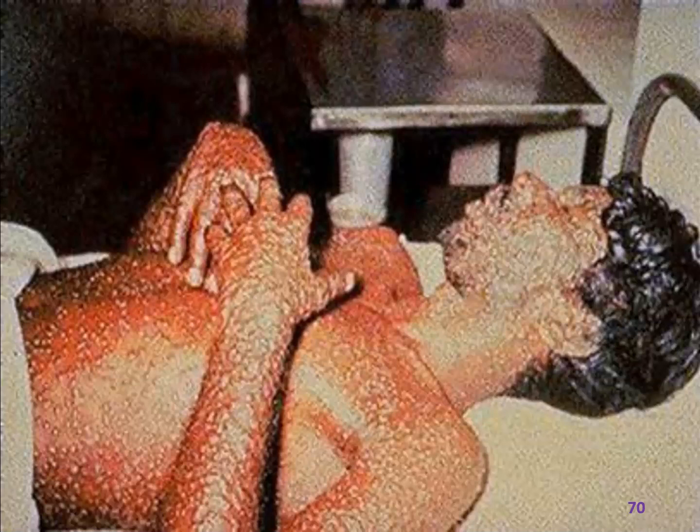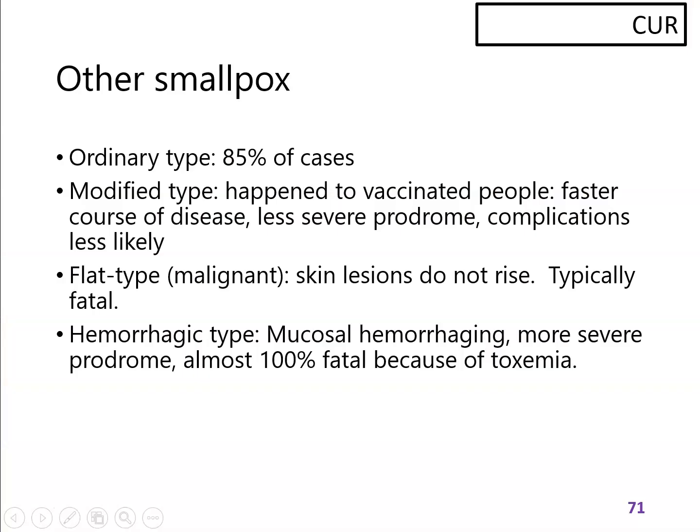So a person who gets smallpox would have to be quarantined for 2 weeks, and during that entire time, someone would have to take care of them because they would have difficulty doing things like getting out of bed. So smallpox wasn't just fatal, it was also extremely disruptive, and any town that could avoid it would avoid it.